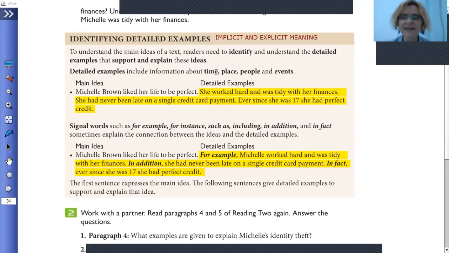Explicit means literally stated. So if, for example, it says like, John was wearing his favorite orange baseball T-shirt, something like that.